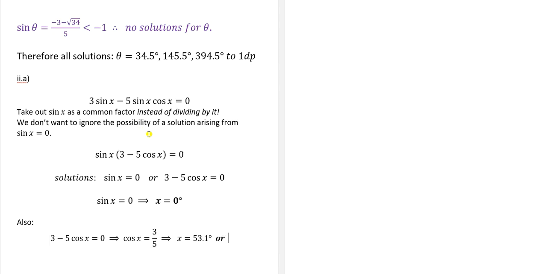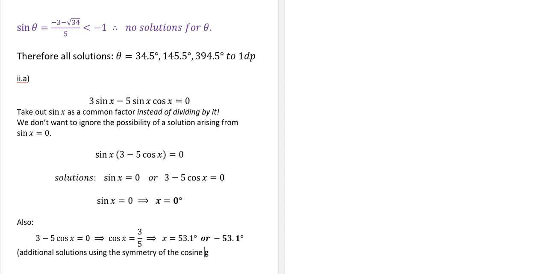But we also get this additional solution. We get minus 53.1 degrees. And that just comes from the symmetry of the graph. That is the second error that the student made.